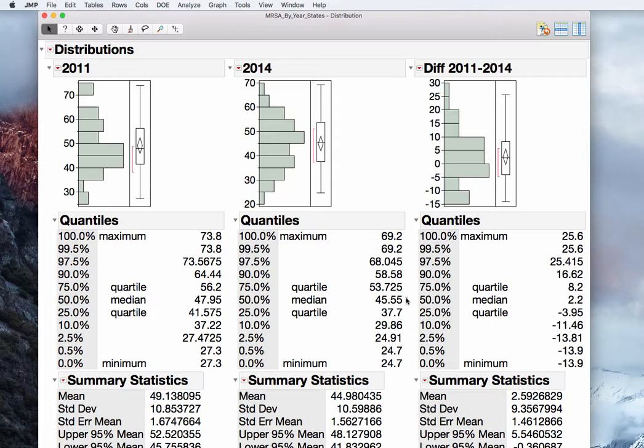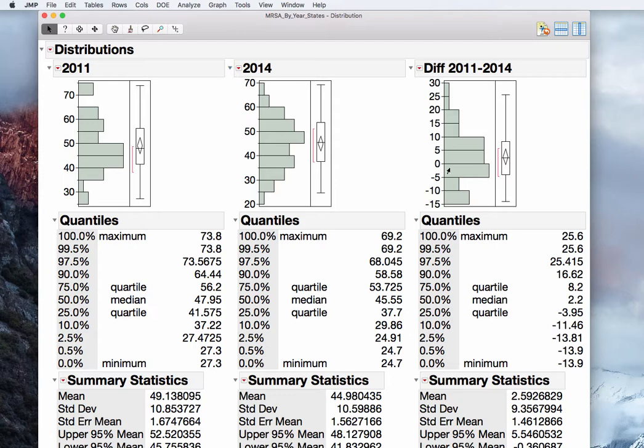We can look at the medians, which seem to be about 2% different. We can also look at the means, which look at about 47 or 45 and 49. So also, again, about 4 difference between the two means.